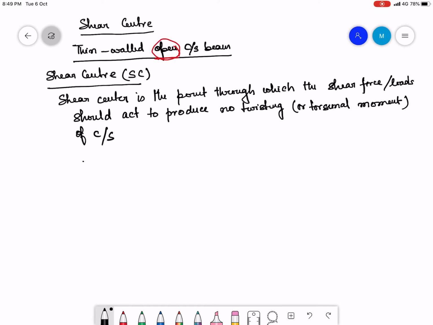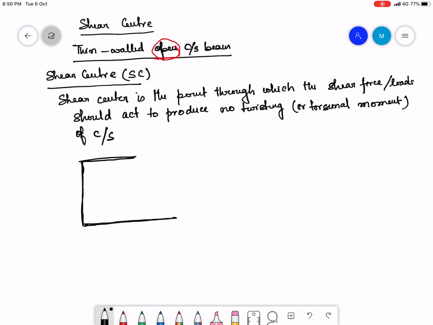So let me have a cross section which is completely asymmetric. Okay, there is no symmetry in the cross section. A generic, I mean, of course for symmetric cross section also there is a shear center, but let me just take a generic thin walled cross section. So to make it generalized, we are assuming that there is no symmetry in the cross section.